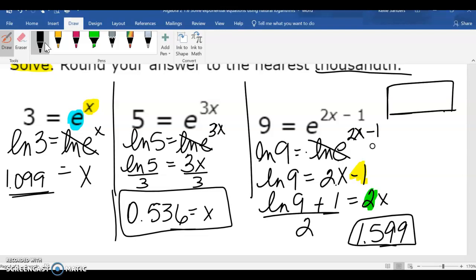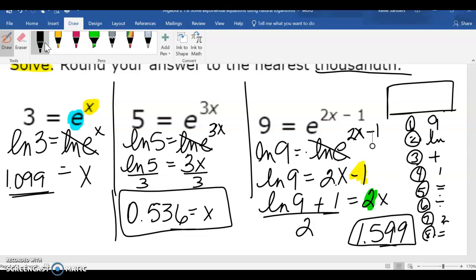Now, if you're at home and you are using your iPhone, you would turn it sideways, and your keystrokes would be: the first thing would be hit 9, then you'd hit the LN button, then you hit the plus button, then you hit the 1 button, then equals, then divide by 2, equals.